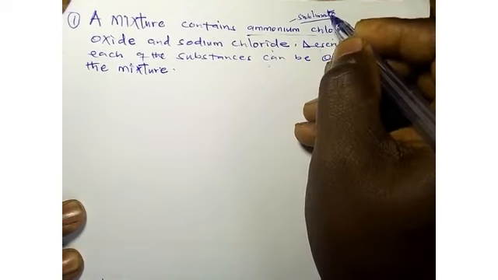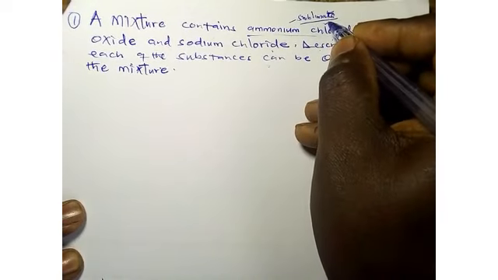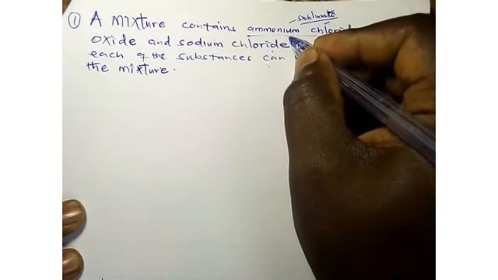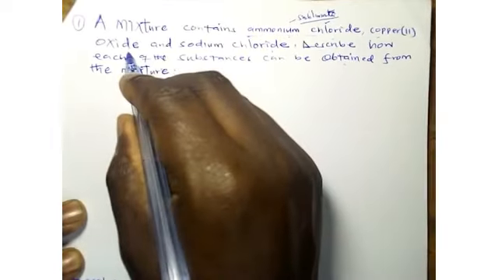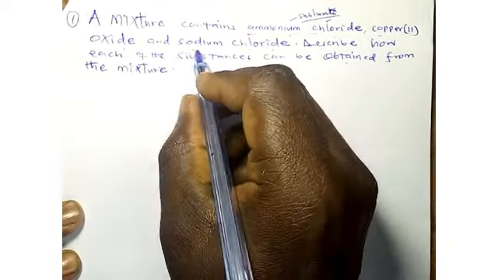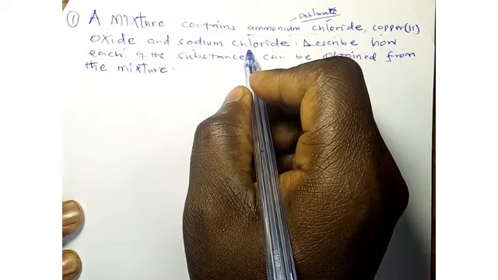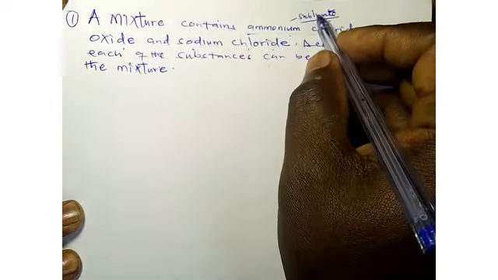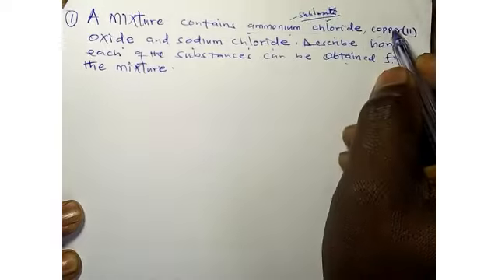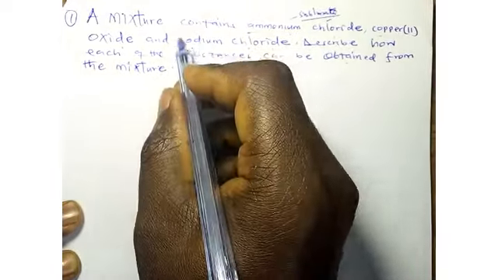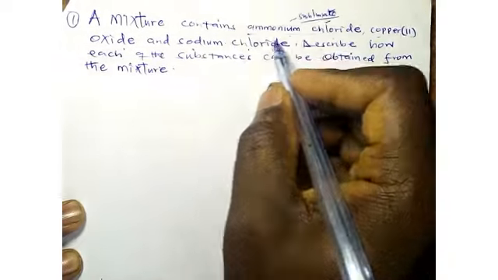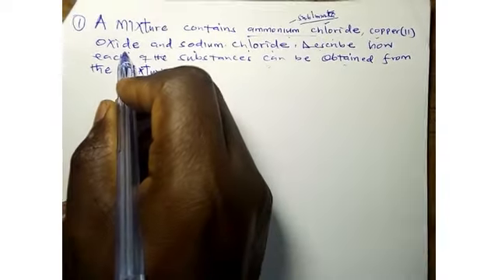It sublimes when heated. Therefore, we are going to start with sublimation to separate ammonium chloride. We know that copper(II) oxide is insoluble in water, but we know sodium chloride is soluble in water. Therefore, after sublimation, we are going to dissolve the remaining mixture in water, whereby sodium chloride is going to dissolve and the copper(II) oxide is not going to dissolve.